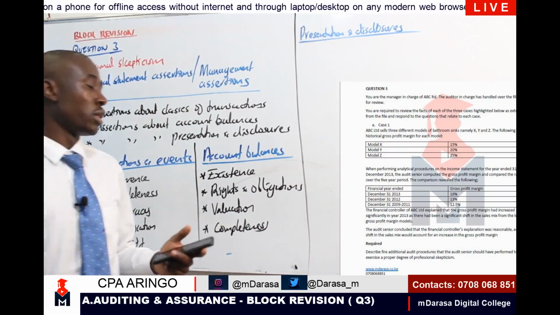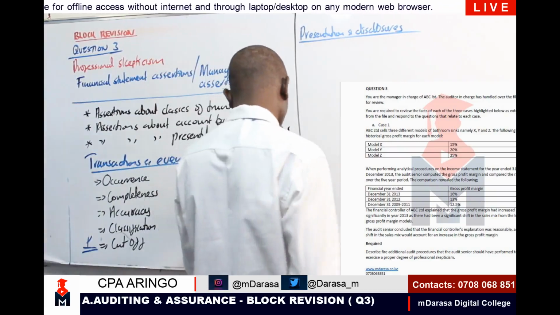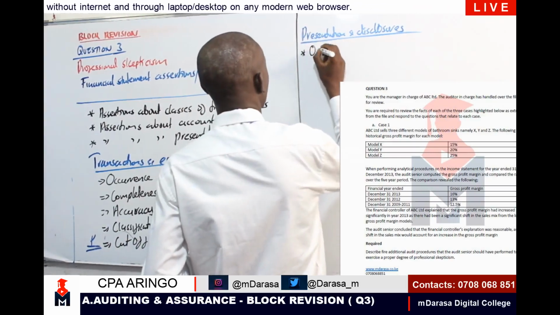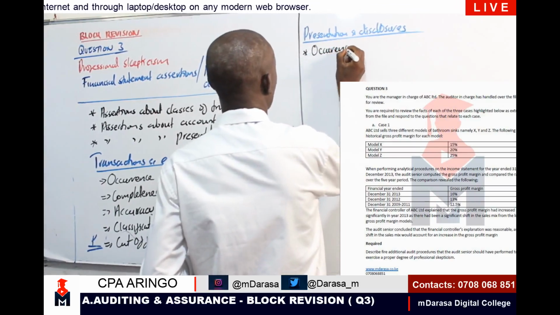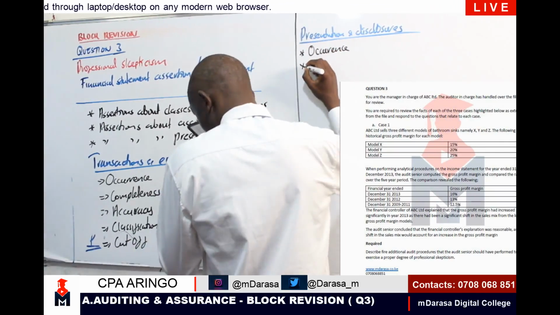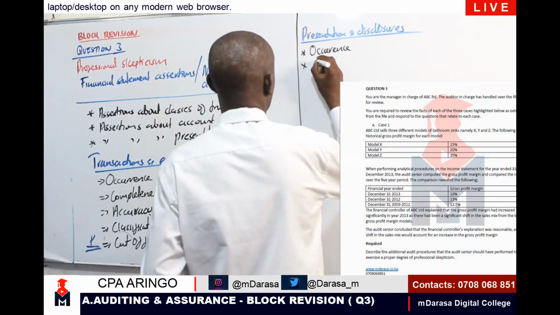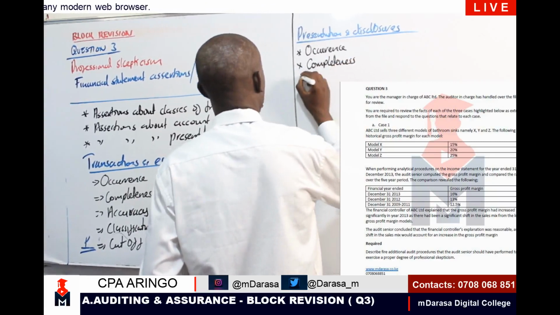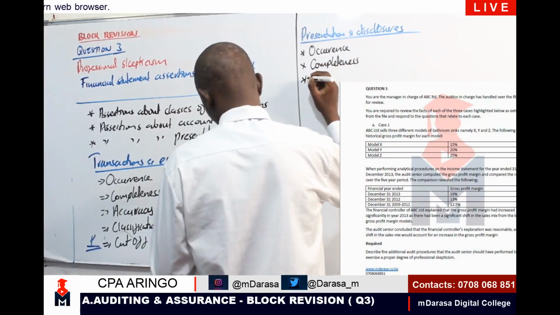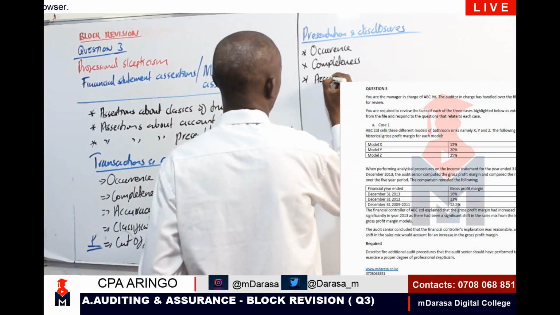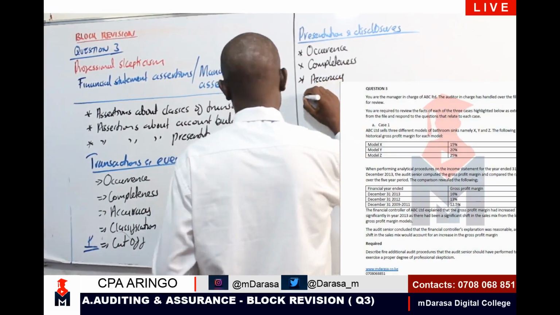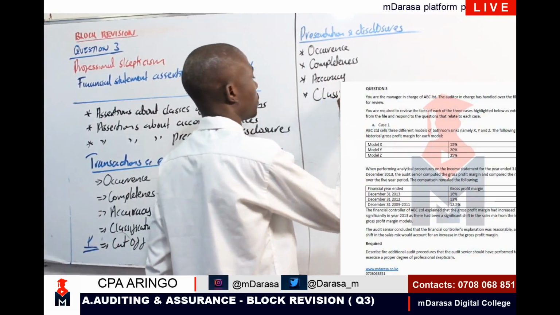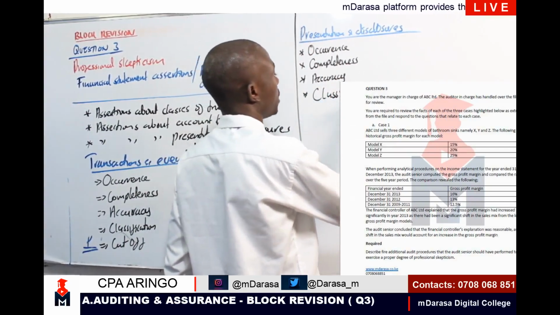Of course, we should be talking of occurrence. You must prove that they actually occurred. Number two, you normally tend to talk about completeness. Number three, talk about accuracy and valuation. And finally, talk about classification, of course, and understandability.